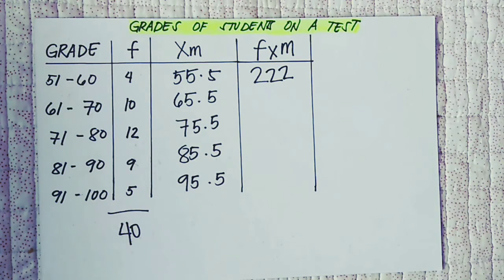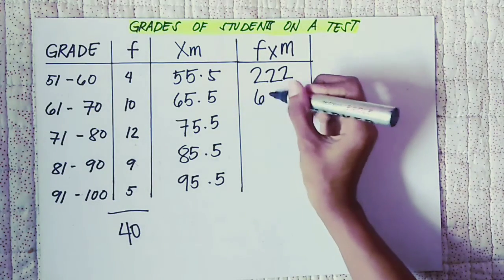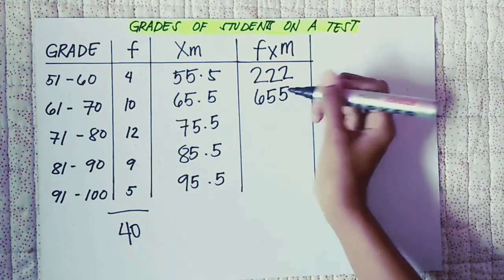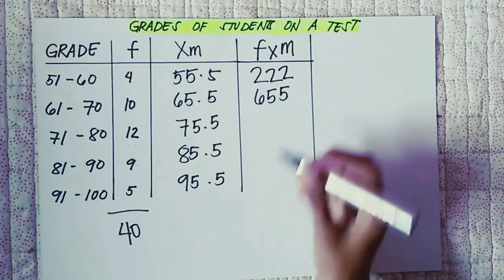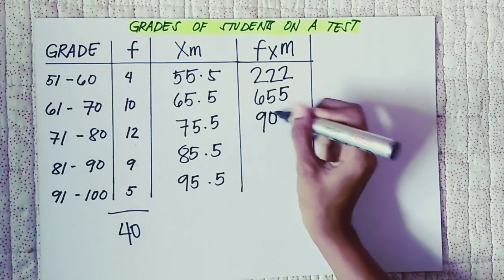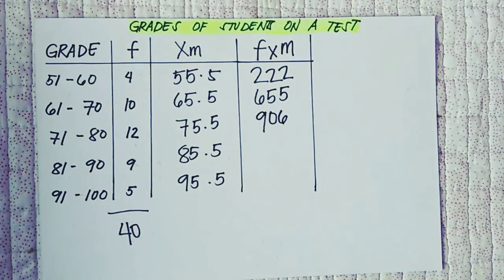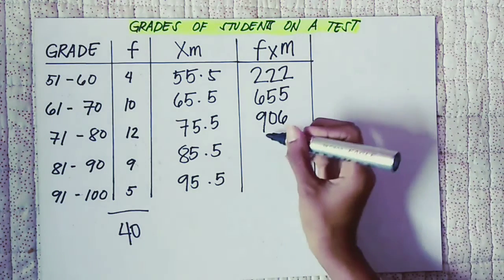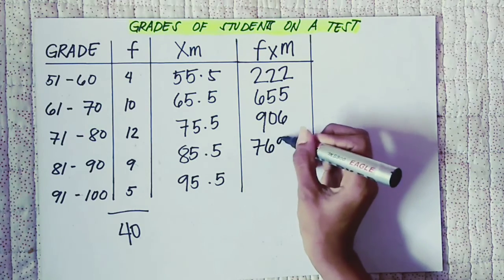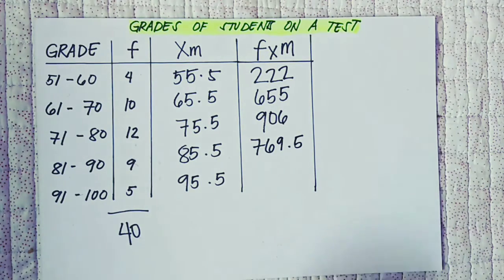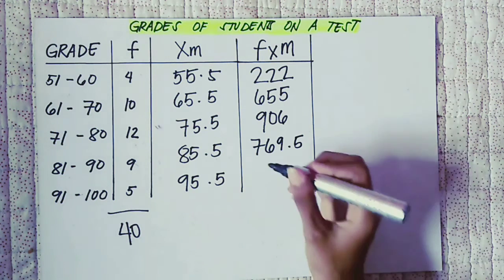And we just continue this. 10 times 65.5 is 655. 12 times 75.5 is 906. 9 times 85.5 is 769.5. Then 5 times 95.5 is 477.5.